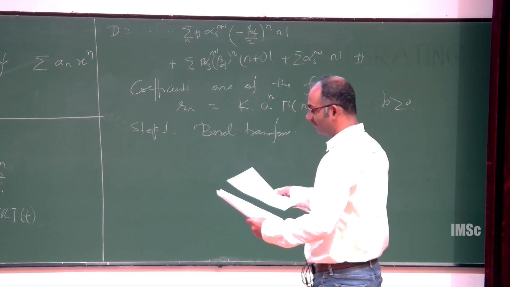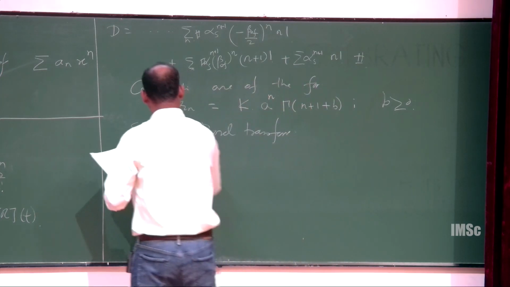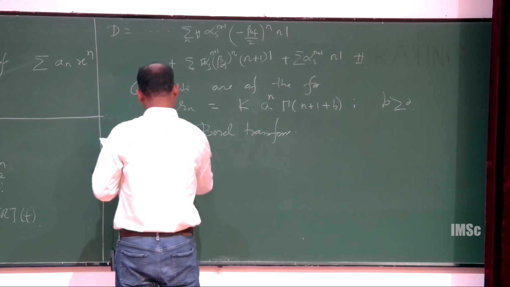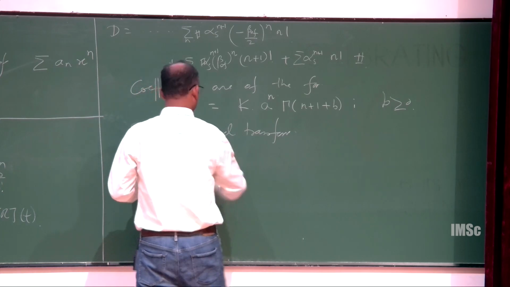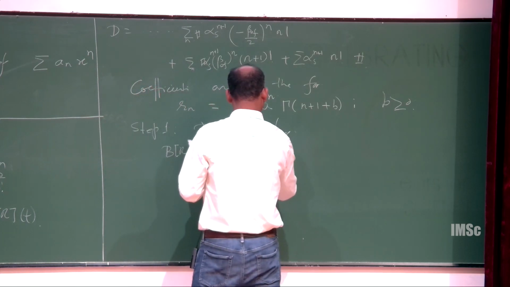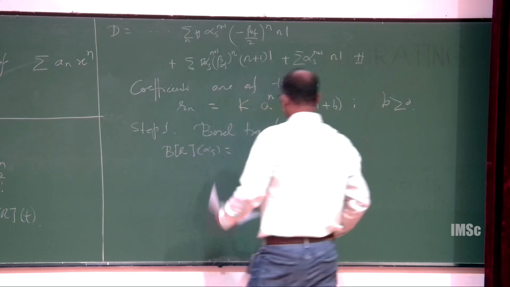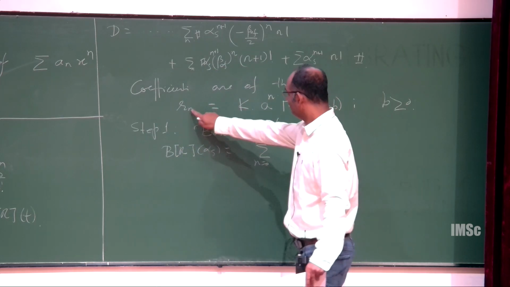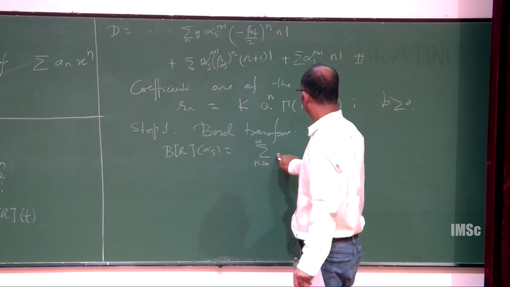Okay, let's do it. That's summation n equal to 0 to infinity. All I have to do is take the Rn's and divide by n factorial, right?